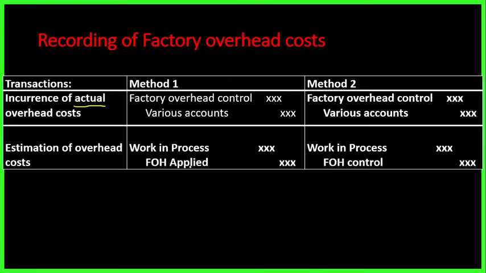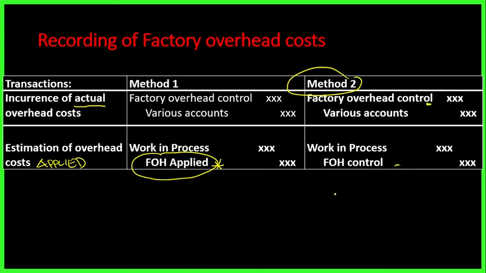Now, if you're going to record the estimated overhead or your applied, how do we compute for your applied? You have your actual times your predetermined overhead rate. Once that is computed, you now credit, and this is where they differ. In this method, you use your applied factory overhead, while in method 2, my favorite, you just use your factory overhead control.